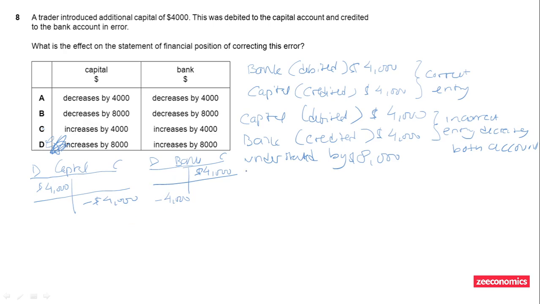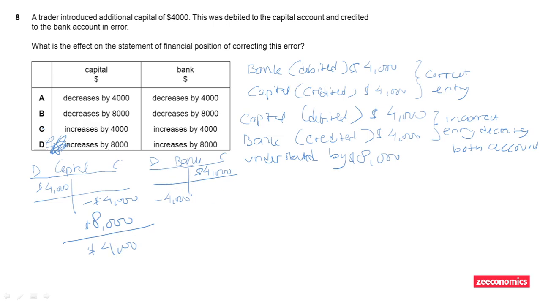Now, if we want to do it the correct way, which is bank being debited and capital being credited, simply put it like this. In order for us to create the capital balance of $4,000 and the bank balance also $4,000, we simply put under the minus $4,000 plus $8,000. So now the normal balance of capital would be $4,000 because 8,000 plus minus 4,000 would equal $4,000.